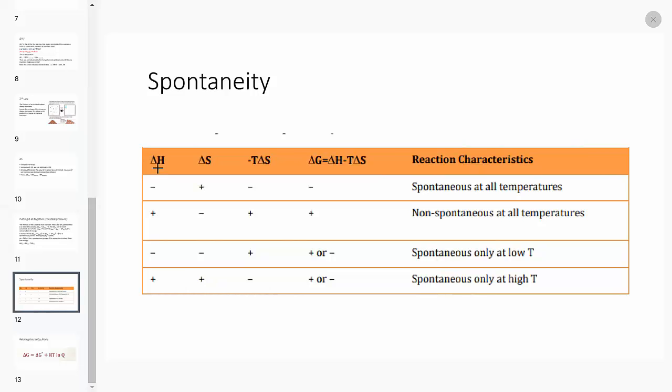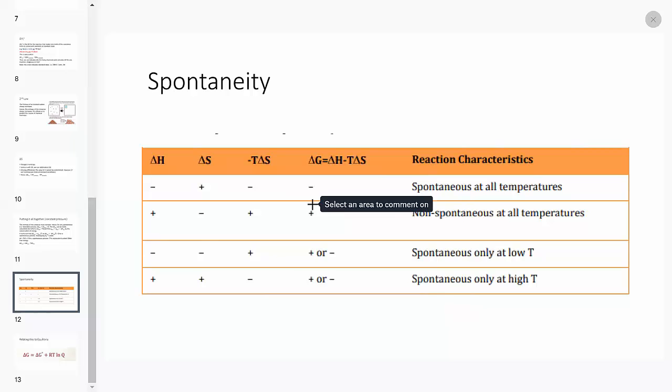So let's consider the signs of delta H. Delta H can either be positive or negative. Likewise, delta S can either be positive or negative. Depending on that, we get the sign of this term, and then we can find the sign of delta G. If delta G is negative, the process is spontaneous.